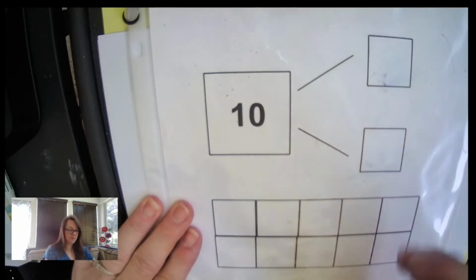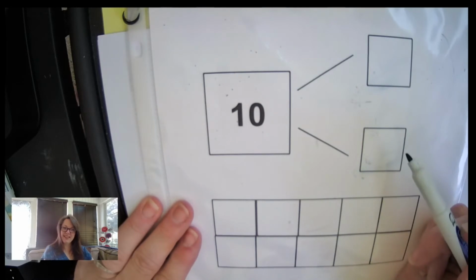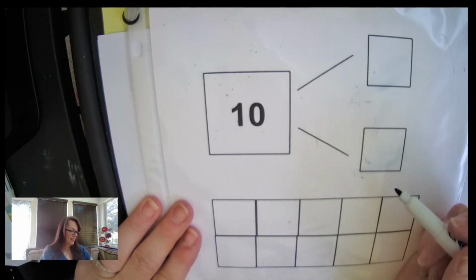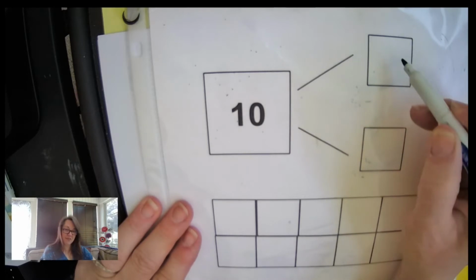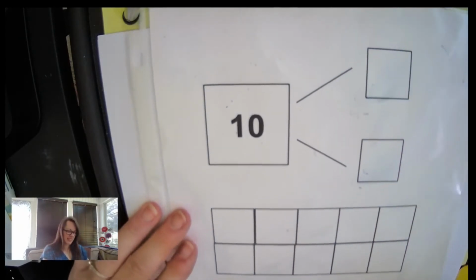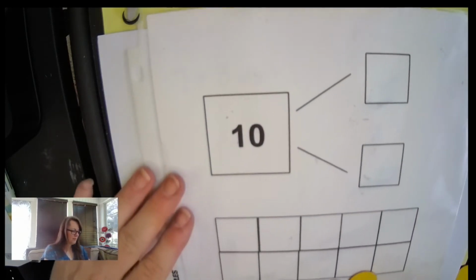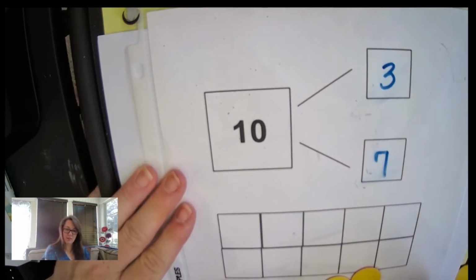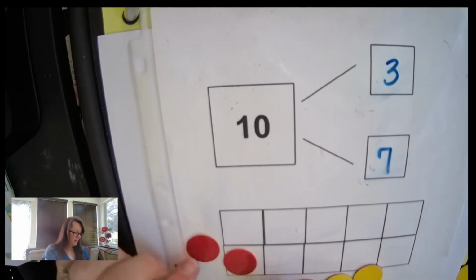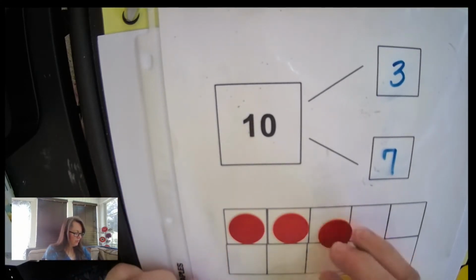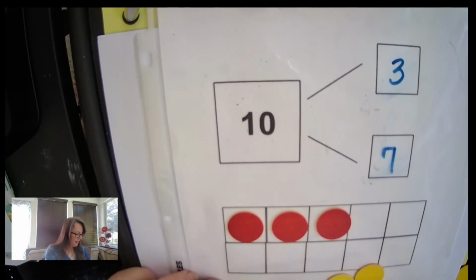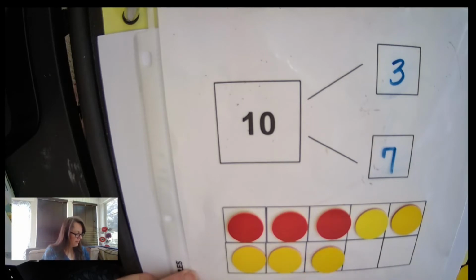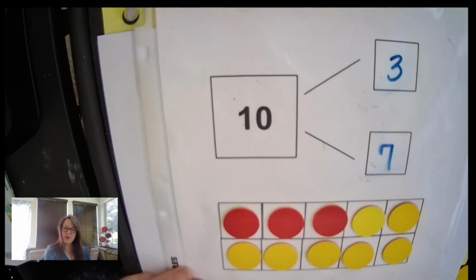Another way to make 10? Yes, 3 and 7. That was the fact that we just looked at in our number talk. 3 and 7 also make 10. So that's 1, 2, 3, and 1, 2, 3, 4, 5, 6, 7. 3 plus 7 make 10.